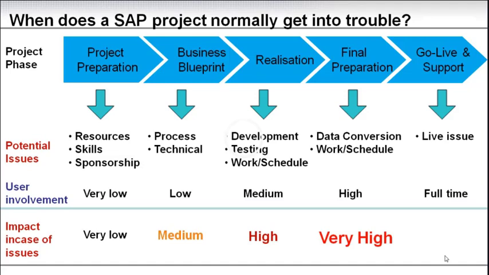And in the final preparation, it is very high, because now the investment is done, you have passed the point of return, and you might be in a situation where SAP is replacing other systems which cannot be extended. So you really want your issues raised, addressed, and resolved before you go past the business blueprint.